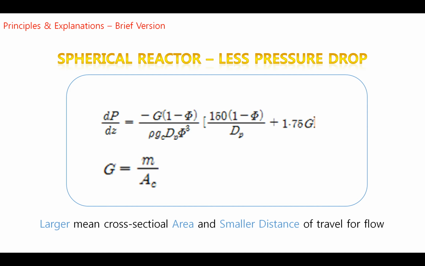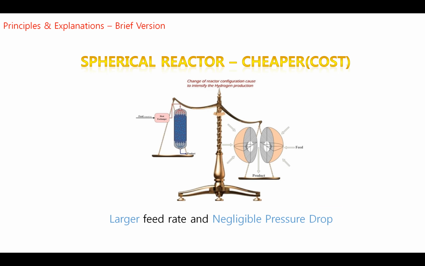And furthermore, spherical reactor is better for the cost as well. As shown in this picture, we can make much larger feed rate for spherical reactor compared to traditional PFR. So, that would clearly lower the manufacturing cost since we don't have to perform small processes over and over again.